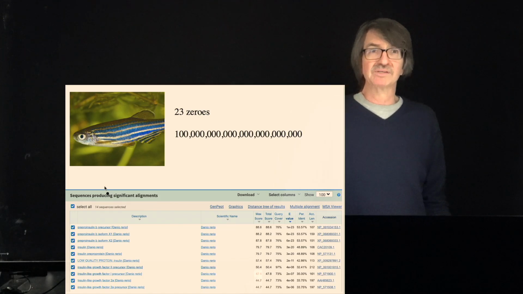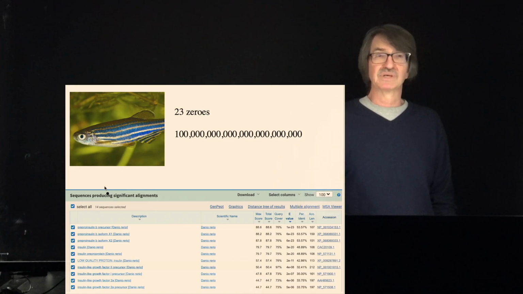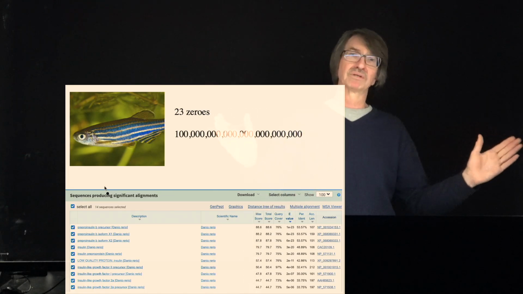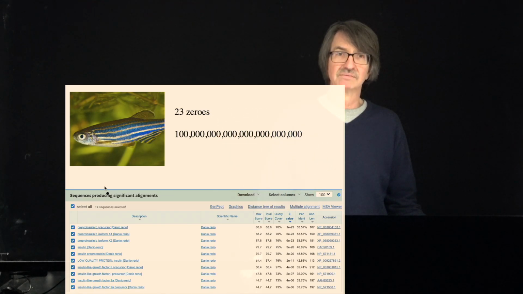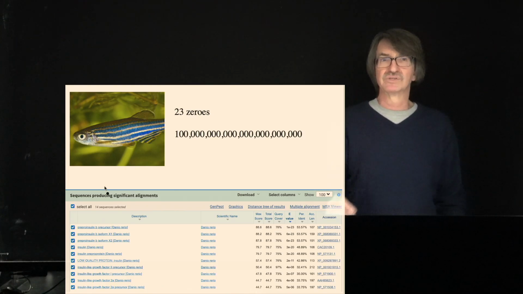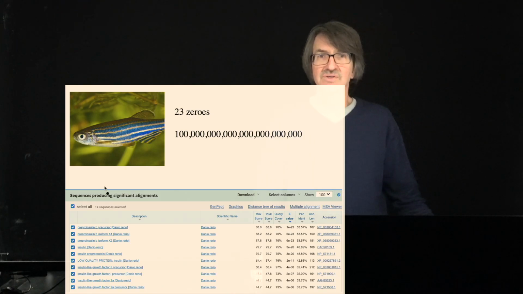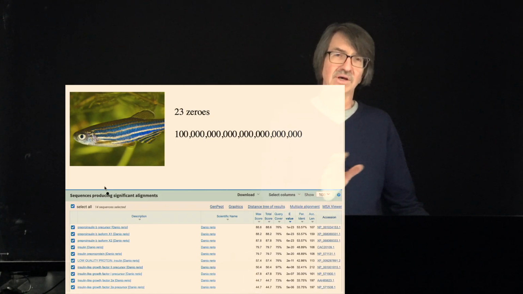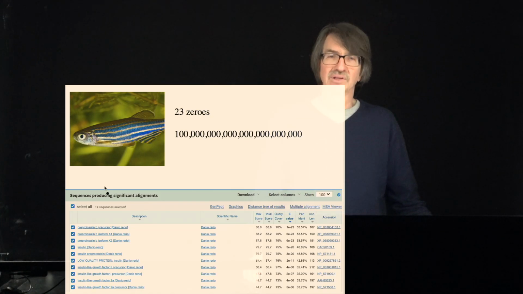When we make the comparison, we see the percent identity has dropped down to about 50%, because it's more distantly related from us, right? And the E value has increased to 1 with just 23 zeros. So not a trillion, not a billion, not a million, billion, trillion, but 1 with 23 zeros.